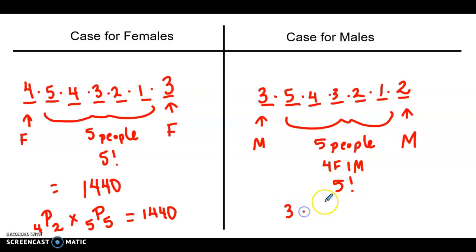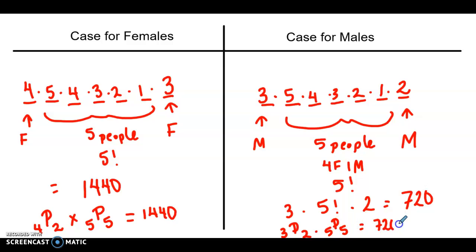So we have 3 times 5 factorial times 2. And in this case, we end up with 720. Again, we could use permutation notation. There are 3 people and we're picking 2, multiplied by the remaining 5, sitting all 5 people. And again, in either case, we have 720.